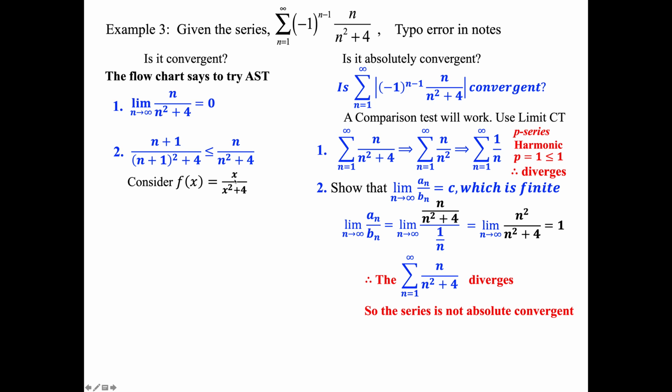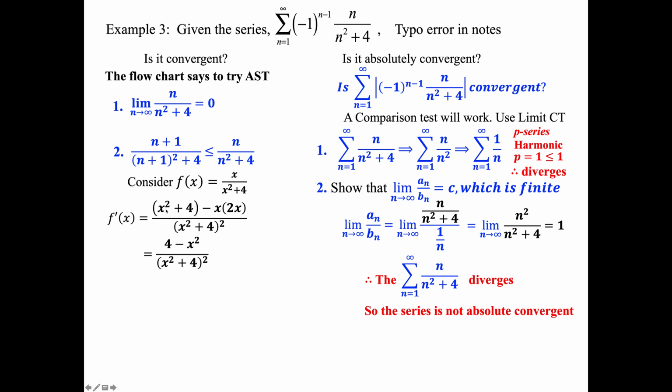I suggest we just call it a function f of x and do the first derivative test. So if we do the quotient rule, here's our x squared plus 4 squared on the bottom, x squared plus 4 times the derivative of the top, which is just 1, minus the top x times the derivative of the bottom, which is 2x. So this gives me minus 2x squared.